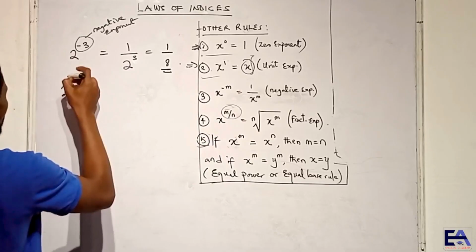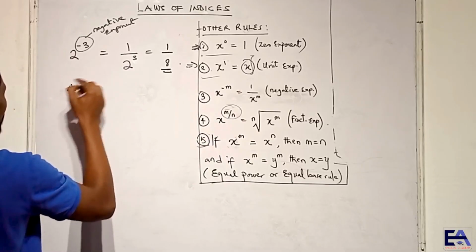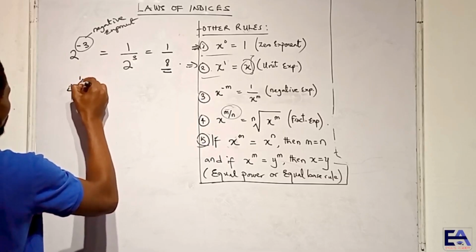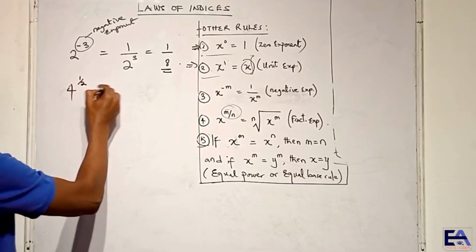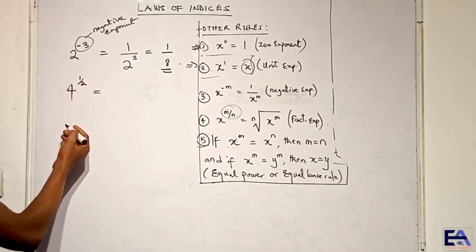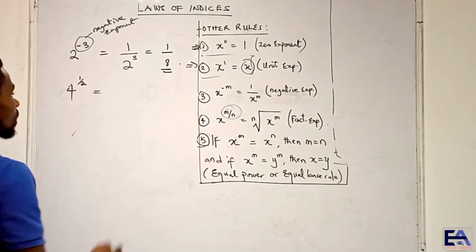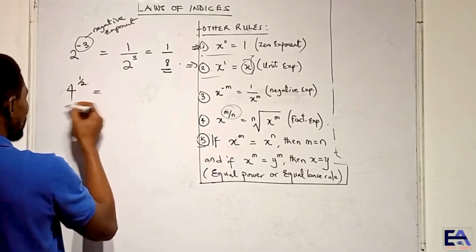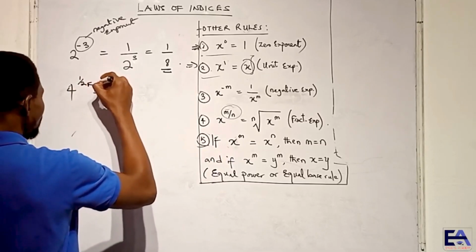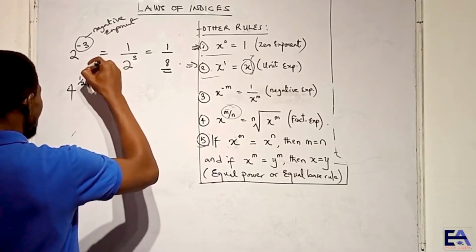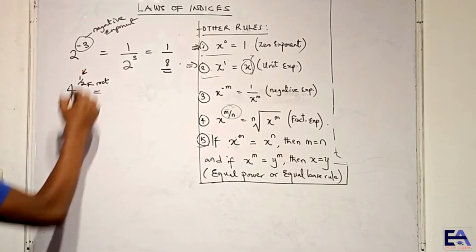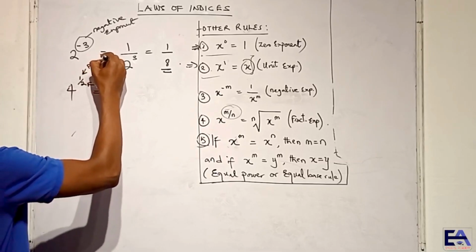Let's say 4 raised to power 1 over 2, 4 raised to power half. Because it's a fractional power, you apply the law by saying the denominator forms a root, and the numerator forms the power or the exponent.